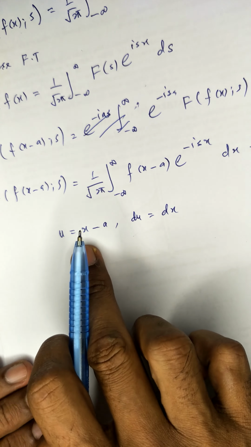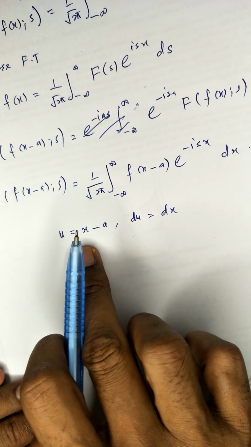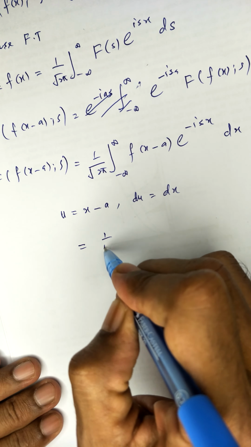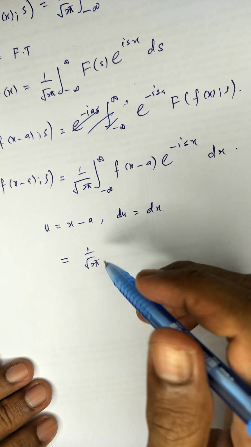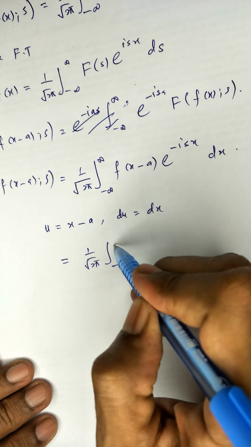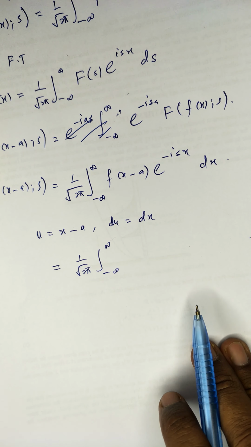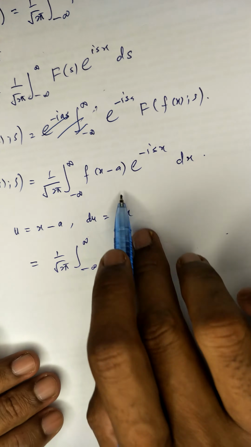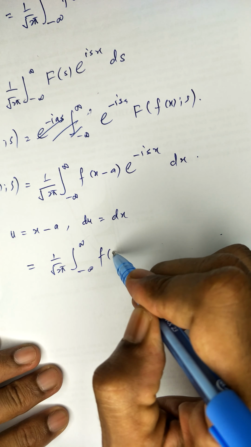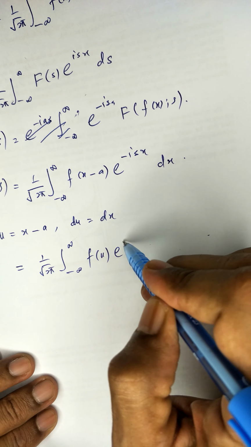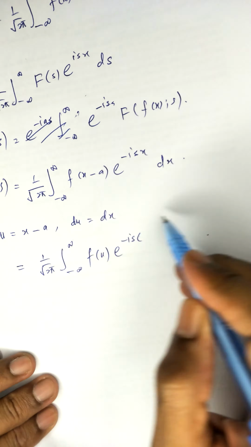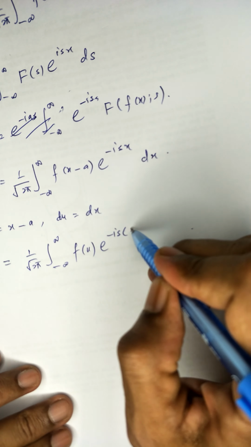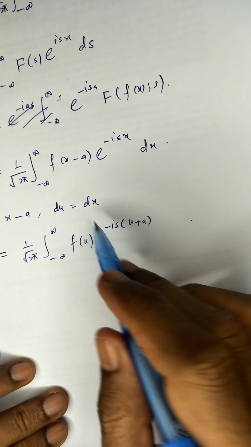You can also write x in terms of u: x equals u plus a. Substituting, we have 1 over square root of 2 pi, integral from minus infinity to infinity of f(u) e to the minus is(u plus a) du.